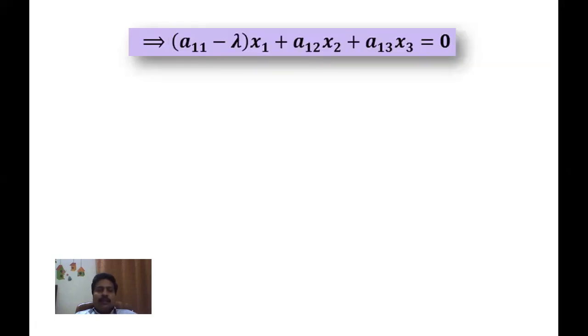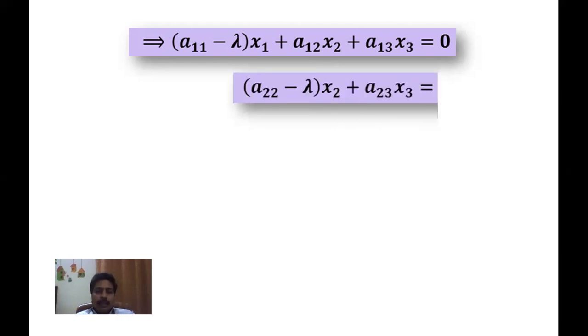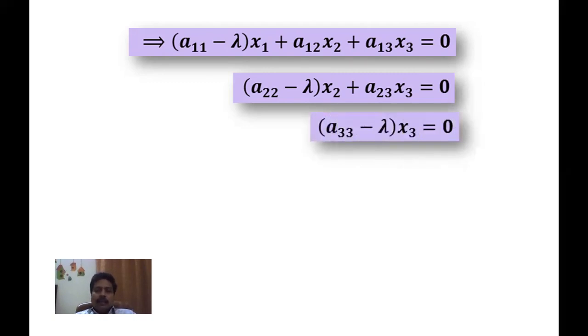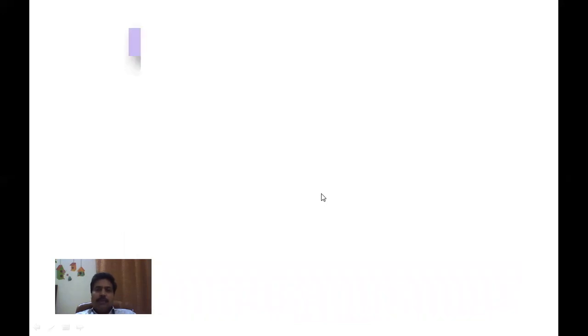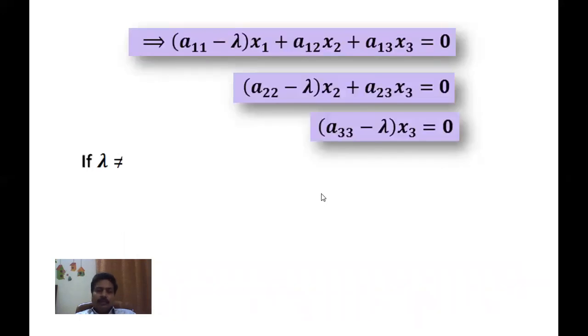Similarly, the second equation is (A22 minus lambda) x2 plus A23 x3 is equal to 0. And the last one is 0 into x1 plus 0 into x2 plus (A33 minus lambda) x3 is equal to 0. So this is the third equation.